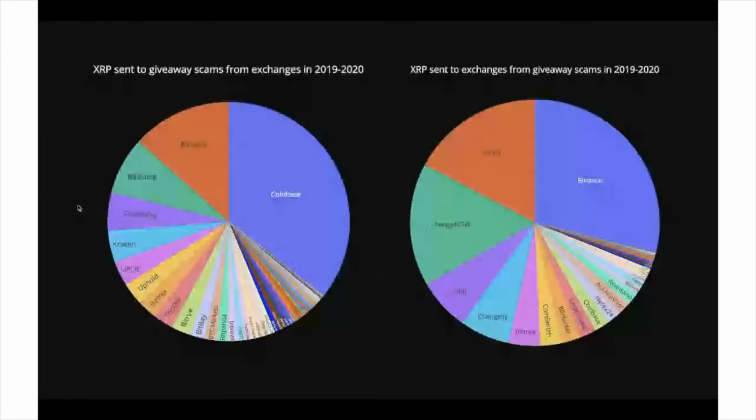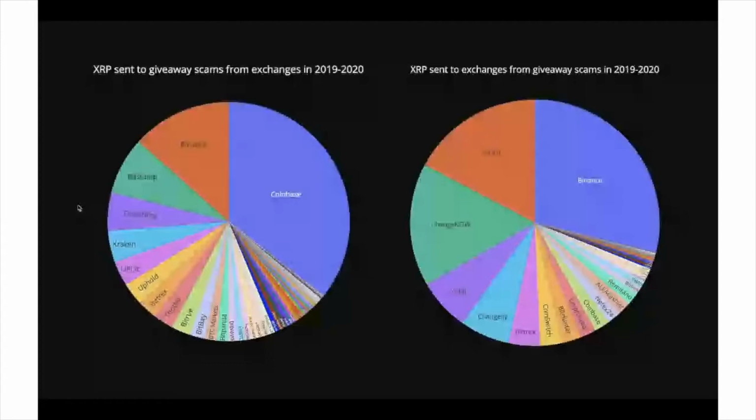So if we look at history, just in 2019 and 2020, we have seen at least 17 million XRP being sent to the giveaway scammers. So 17 million XRP sent from regular people to people pretending to be Ripple and saying, hey, we have an airdrop, send us some money, we'll send 2 times or 10 times in return.